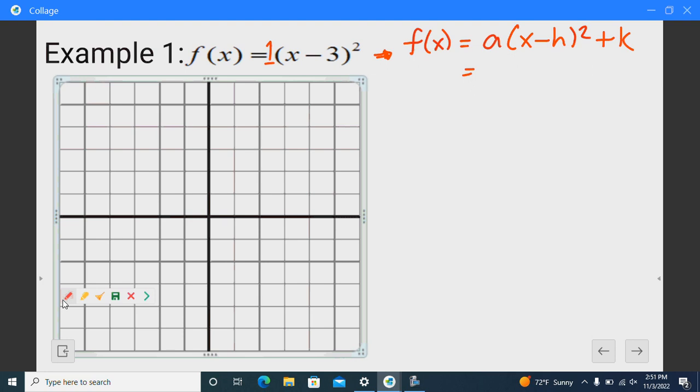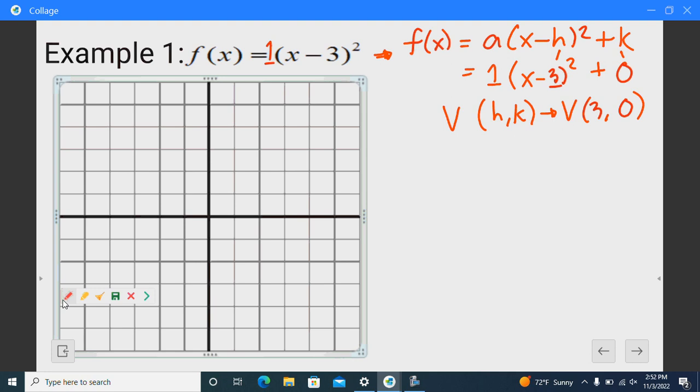Therefore, our a is 1, and we just copy x minus 3 squared, and our k is not shown there. Therefore, that is 0. So our vertex, which is (h, k), will give us 3 and 0.